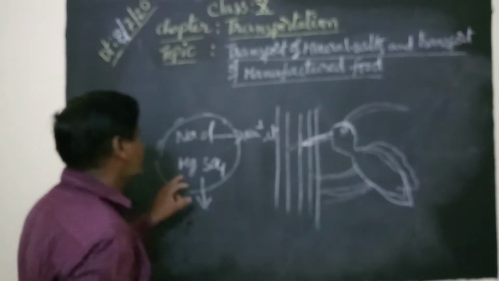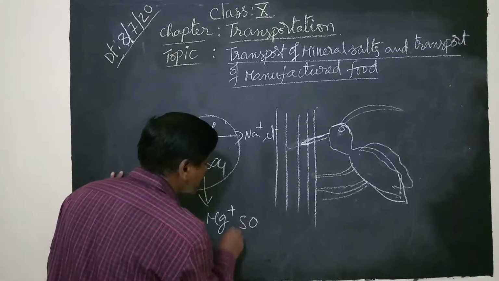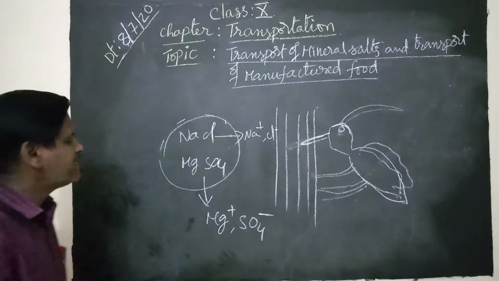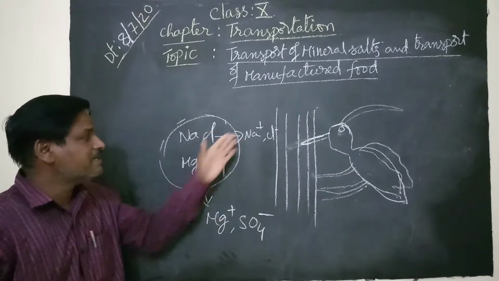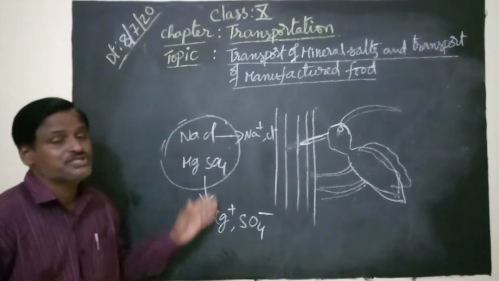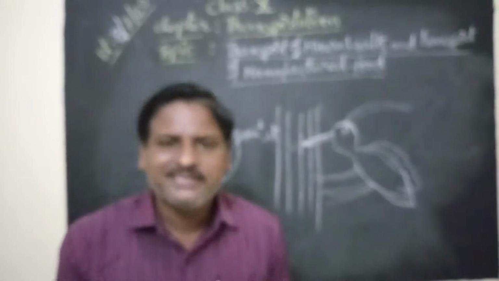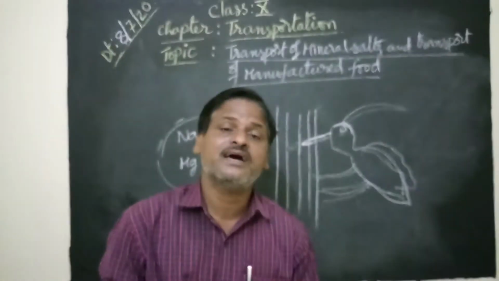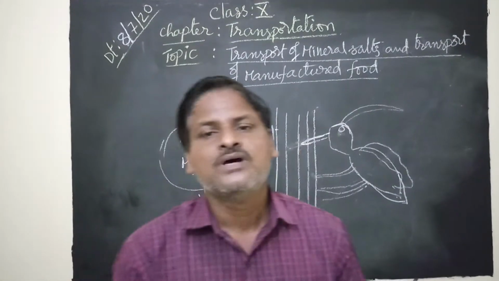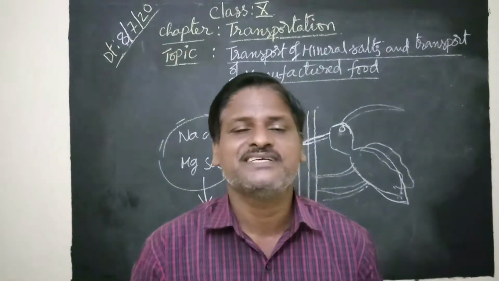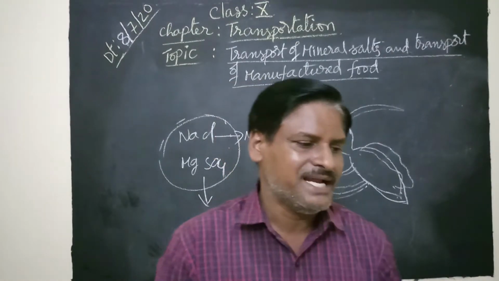Like that, magnesium sulfate changes into Mg2+ and SO4 2- ions. So these salts are changed into ions. In the form of ions, through the water in the xylem vessels, they are transported to the growing regions or to every part of the plant, children.